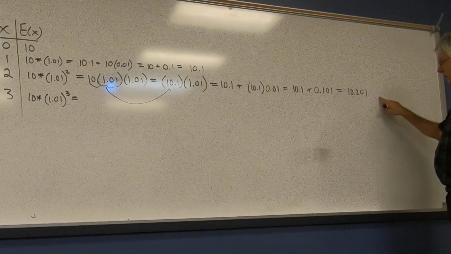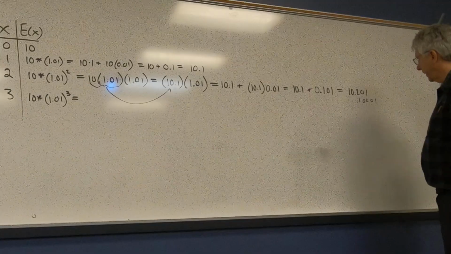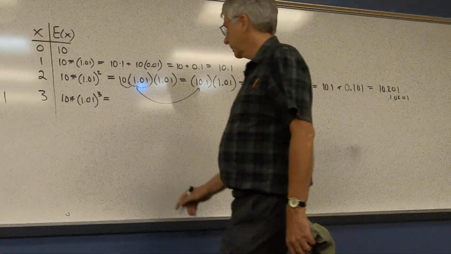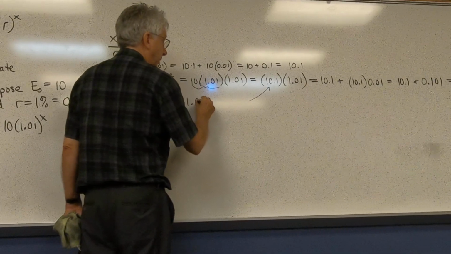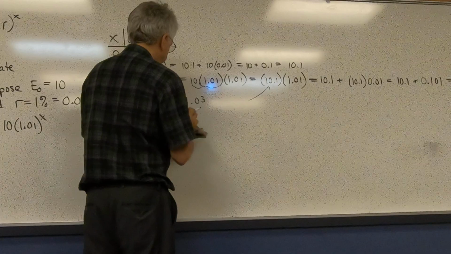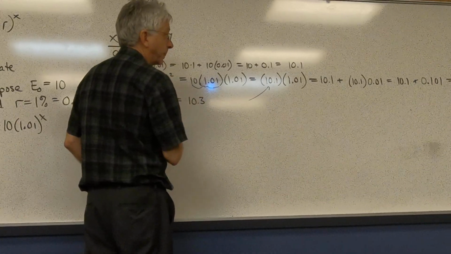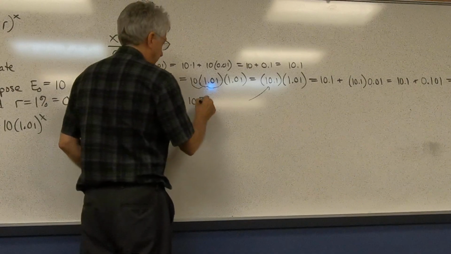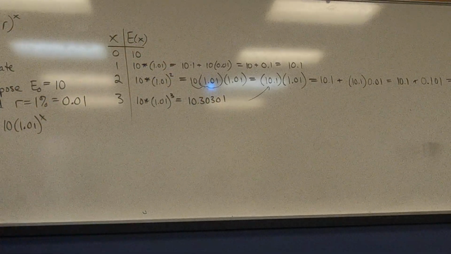If I add 0.10201 to that, I'm going to get 10.30301.